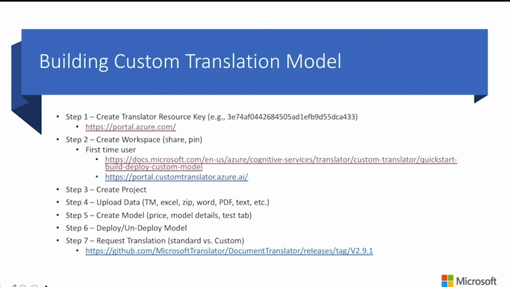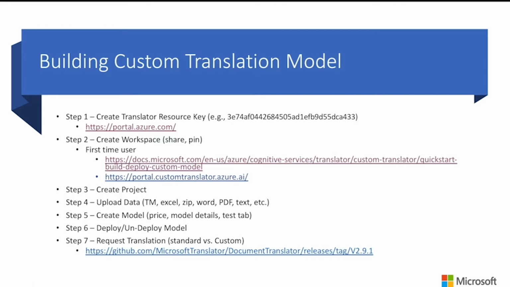So to build a custom model, you will have to start with acquiring a translator resource key. The translator resource key, which I'll show you how to create, will look something similar to this alphanumeric string.